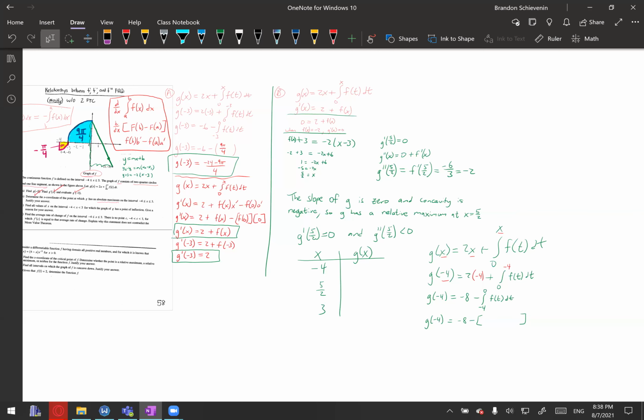Right. So this would be 9 pi fourths minus pi fourths, which is 8 pi fourths or 2 pi. And so g at -4 is -8 minus 2 pi. Okay, I'm going to do the exact same thing for 5 halves and 3.